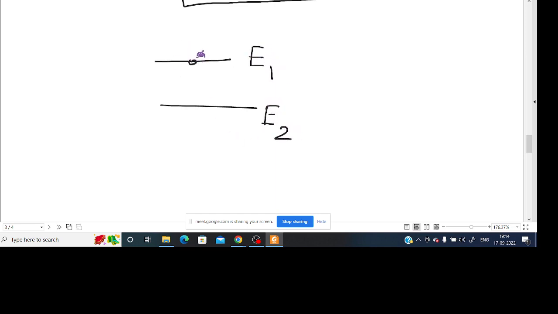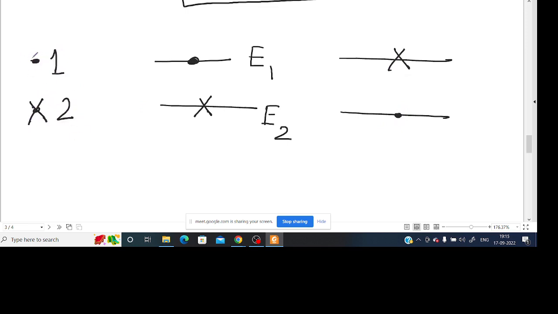You place the first particle here and the second particle here. This dot is particle number 1 and this cross is particle number 2.